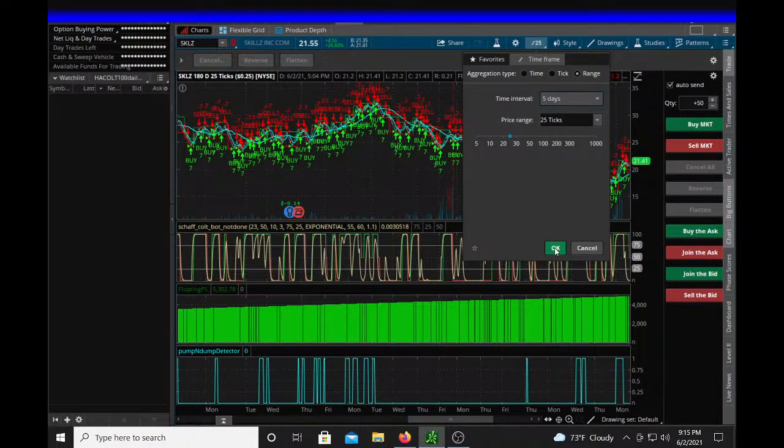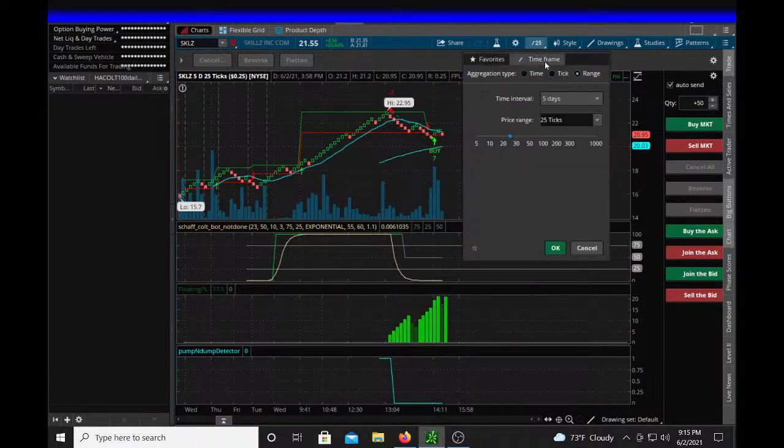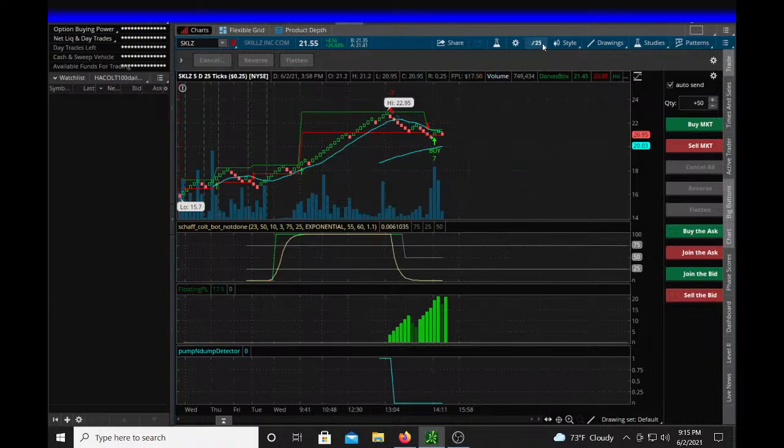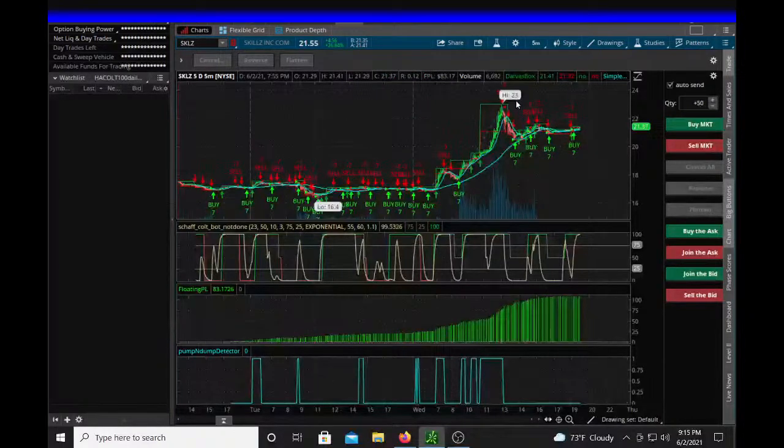It will show you, all right, here we go. So we've got a 5-day 25 tick, and that gives us a low of 1570. Now let's go in and look at our 5-day, 5-minute, and see what the low is there.